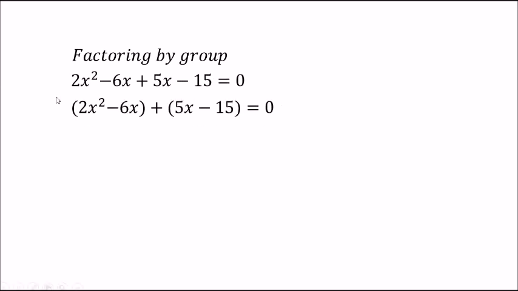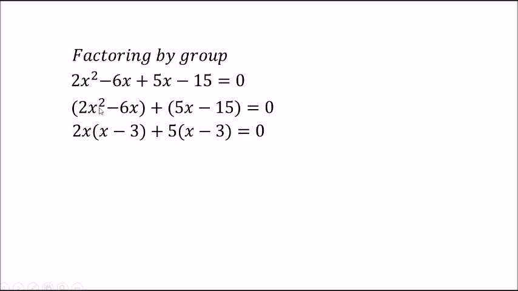So, pagkatapos nun, ang gagawin na natin ay factoring by grouping. So, this is our new equation. Pagsasamahin natin yung first two, which are the 2x squared minus 6x. Pagsasamahin din natin yung third at saka fourth term, 5x minus 15. Pagkatapos, kukunin natin yung factor.